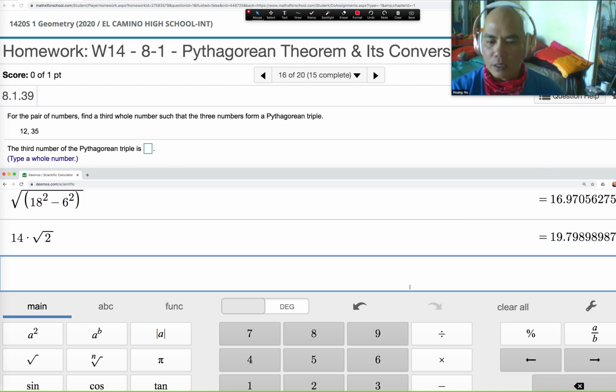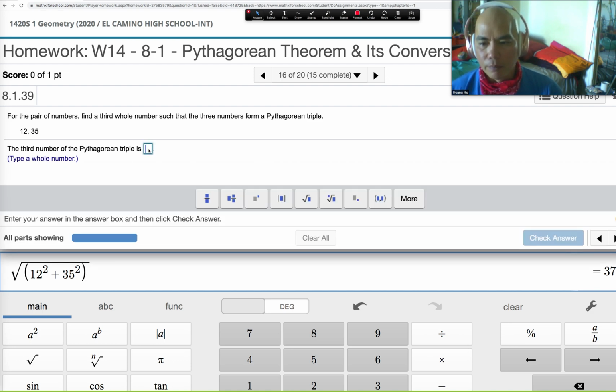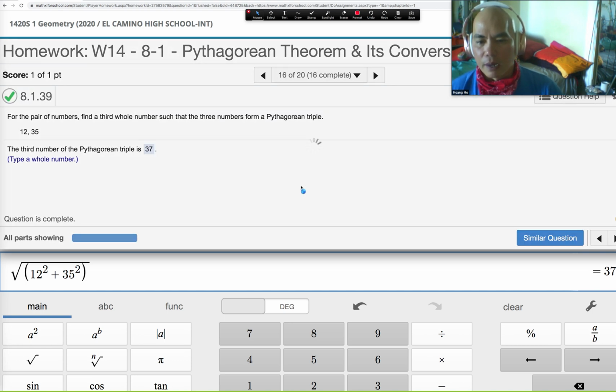So I take square root of 12 square within parentheses, 12 square, add with 35 square. Oh, it comes out 37. Perfect. So the number we're looking for is the biggest number of the 3, which happens to be 37. I got it. 37. All right.